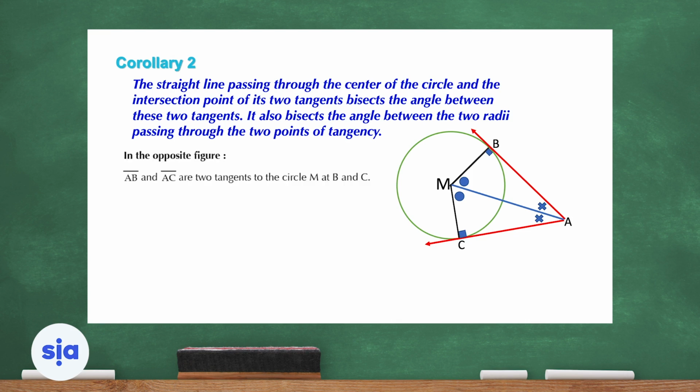As you can see in this figure, AB and AC are two tangents to circle M at points B and C. Then AM bisects angle A. Therefore, the measure of angle BAM is equal to the measure of angle CAM, where MA bisects the angle BMC. Therefore, the measure of angle AMB is equal to the measure of angle AMC.